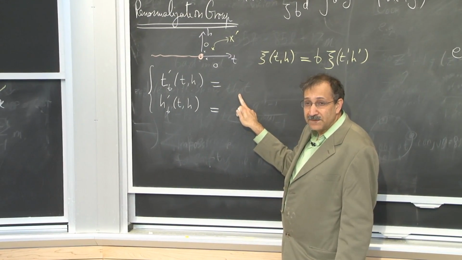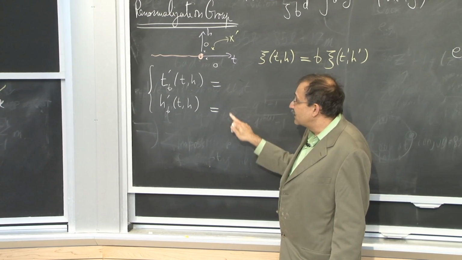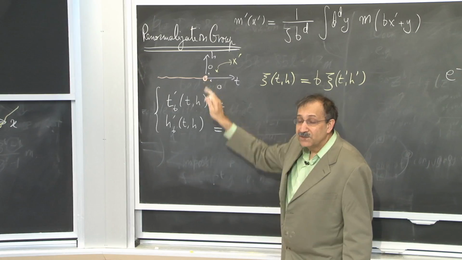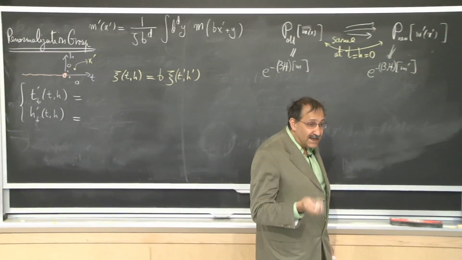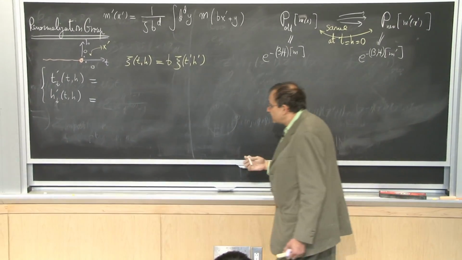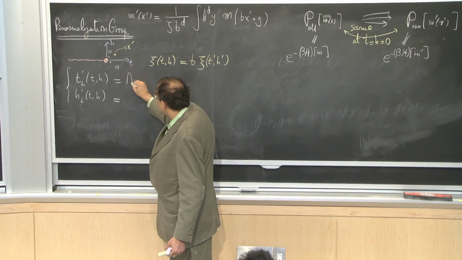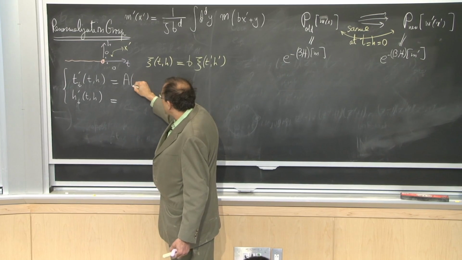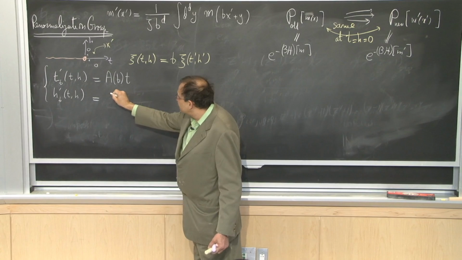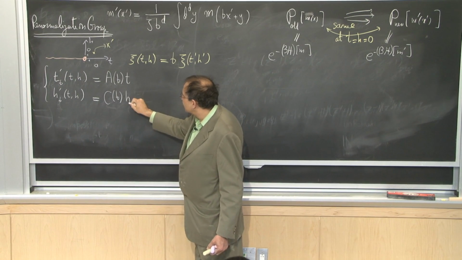Taylor series starts with a constant, but we know that the constant has to be 0 in both cases because the starting point was the point that was scale invariant and was mapping onto itself. So the first thing that I can write down are linear terms. There could be a term that is proportional to t. There could be a term that is proportional to h.